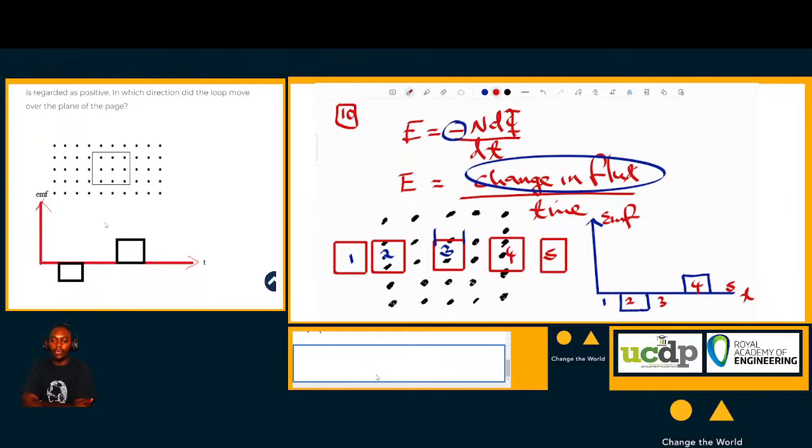Okay, so if you look at the options that were given in the question, we are not pursuing the direction of flow of current in the rectangular coil.